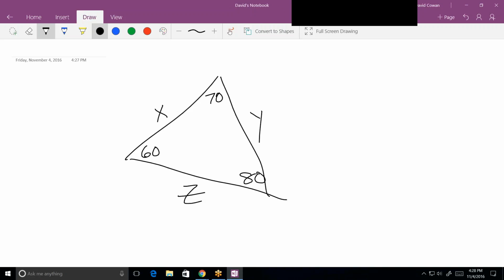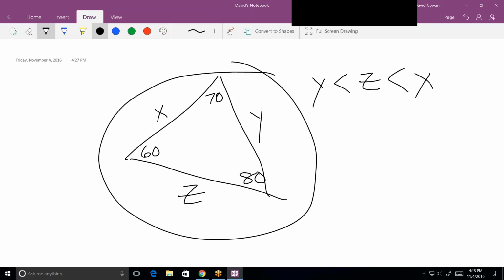What's the smallest side? Y. What's the next smallest side? Z. And finally, Z has to be less than X. Okay, that's something that you might have inherently figured out, that the sides of a triangle have to be in the same order as the size of their opposite angles.